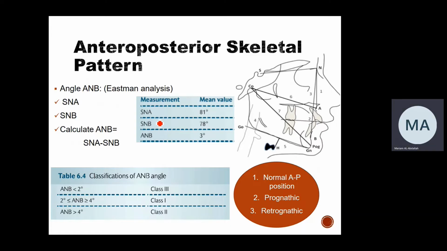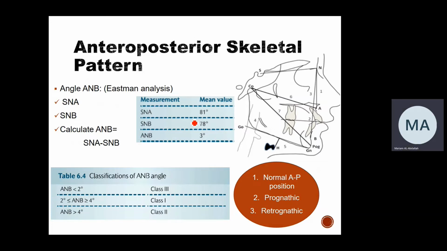The same for the SNB. So the SNB, this angle here, represents the anterior-posterior position of the mandible in relation to the cranial base. If it's average, that means the patient has a normal anterior-posterior position of the mandible. If it's increased, that means the patient has a prognathic mandible. If it's reduced, that means the patient has a retrognathic mandible.